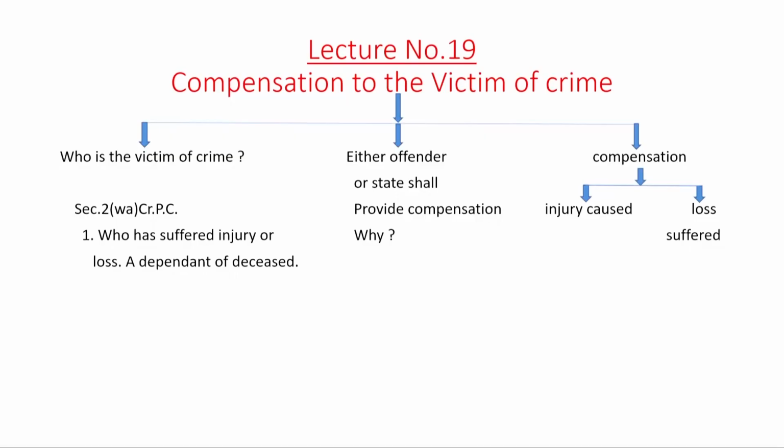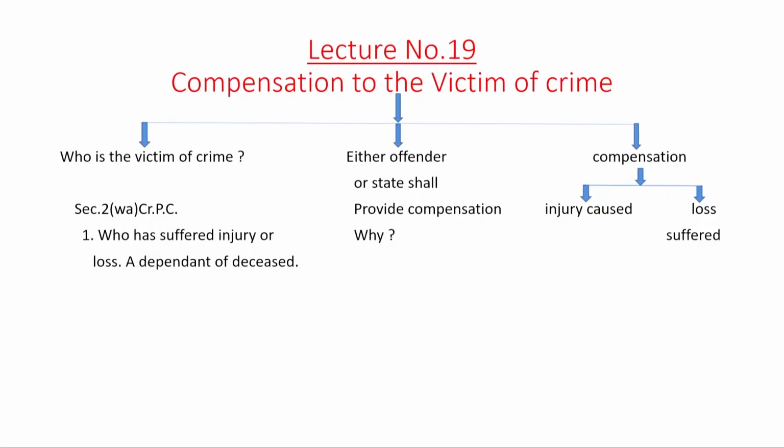The victim of crime should be provided compensation. It means Parliament considered the gravity of the issue, and considering the gravity of that matter, Parliament for the first time introduced this concept under the Indian legal system.